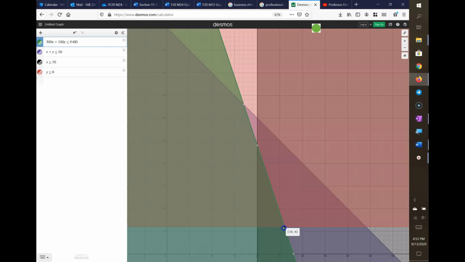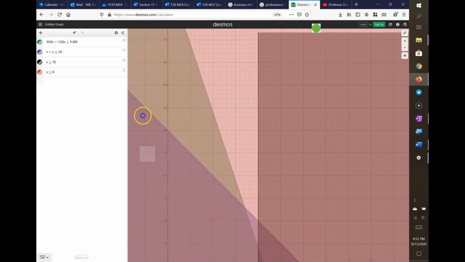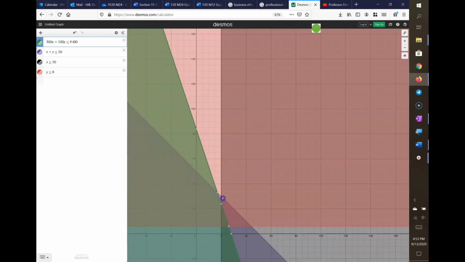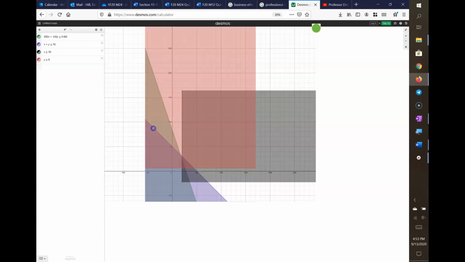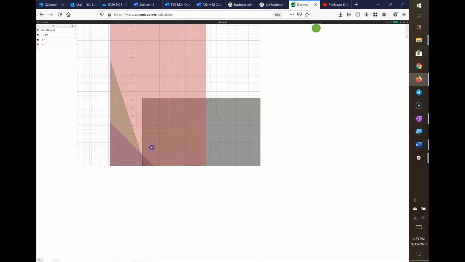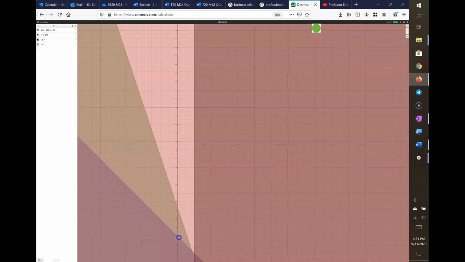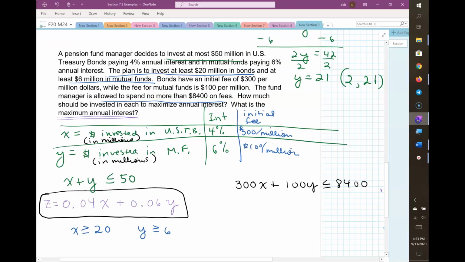So you can use Desmos to help you see how you need to make your graph. You can see the y-intercept and the x-intercept, so you would know how big you need to make your graph. Sorry, I'm trying to get up to the x-intercept so I can see what it is. So the x-intercepts and the y-intercepts, you could find those, and so you could use that to make your own graph.